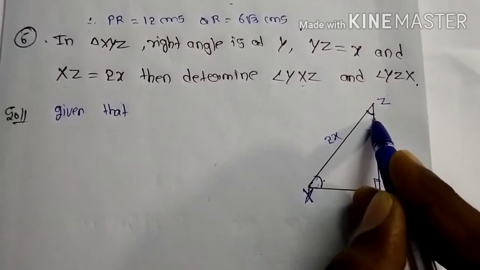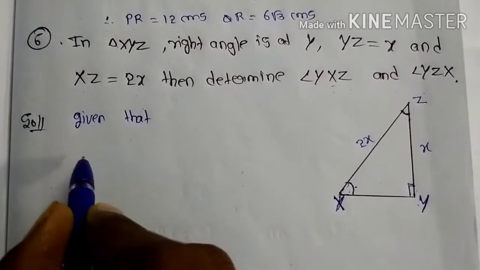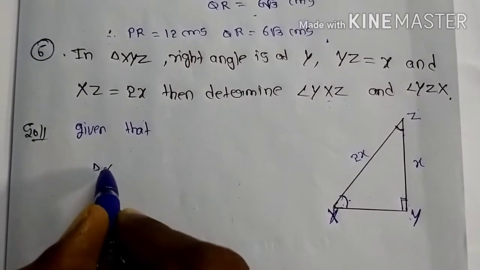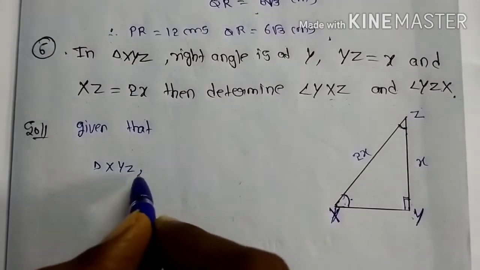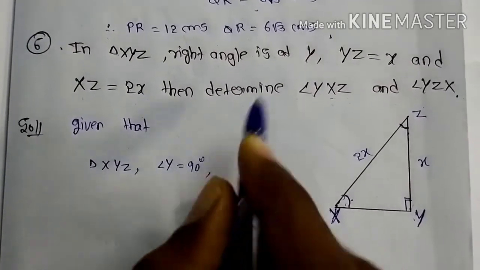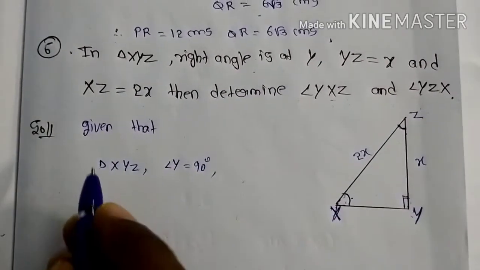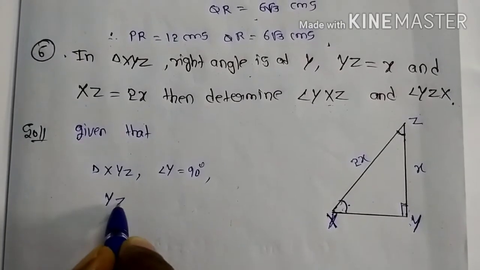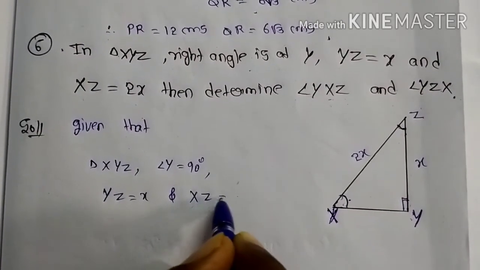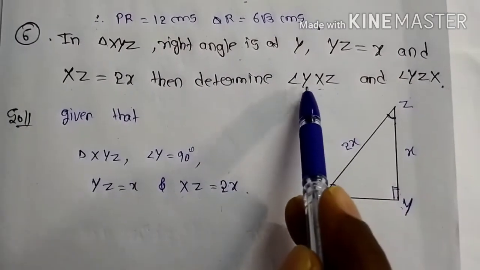Which ratio can we apply to get these values? First of all, I am writing: given that in triangle XYZ, angle Y is equal to 90 degrees. Yes or no? Also YZ is equal to small x and XZ is equal to 2x. You need to find angle YXZ.